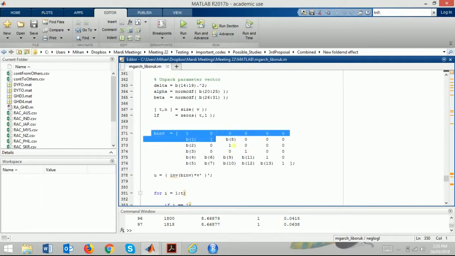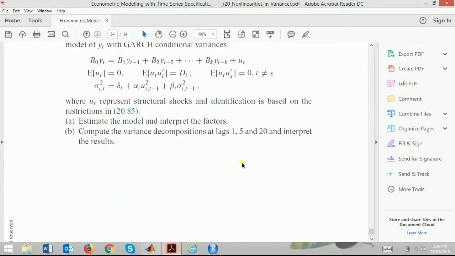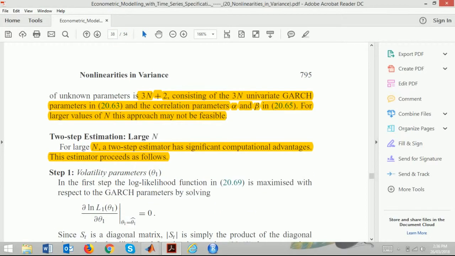Let's first structurize the model. This is the restriction: 1, 2, 3, 4, 5, 6, 7, 9, 10, 11, 12, 13. So these are all the parameters with all the factors that we need to estimate. Let's go back to 38.